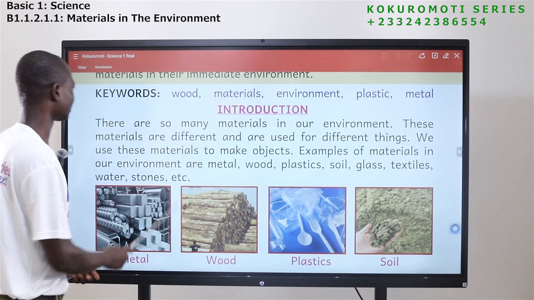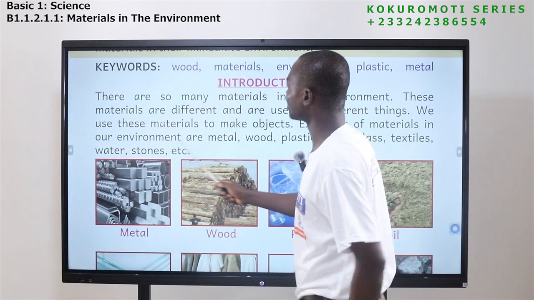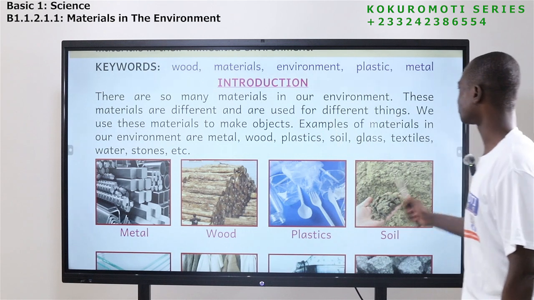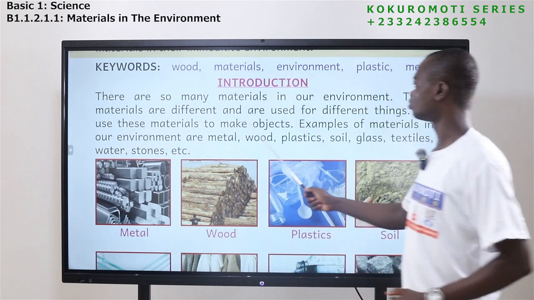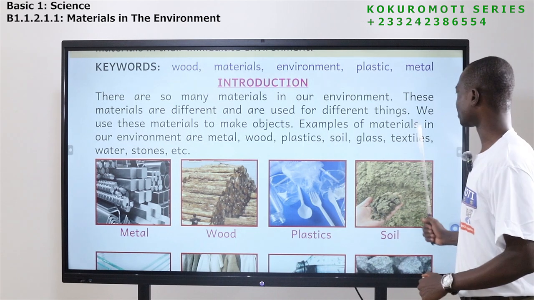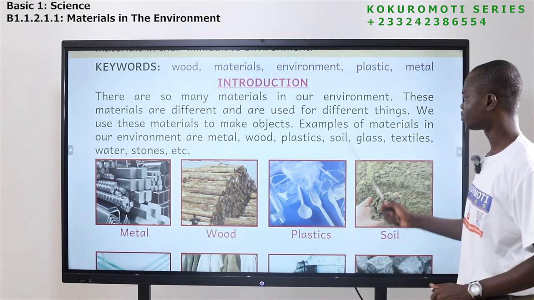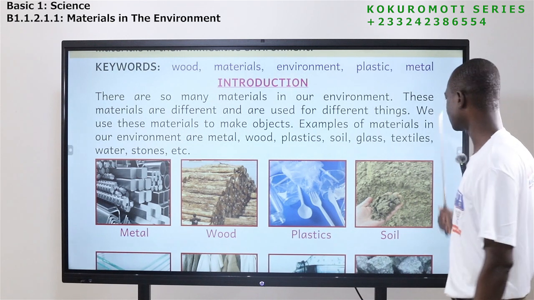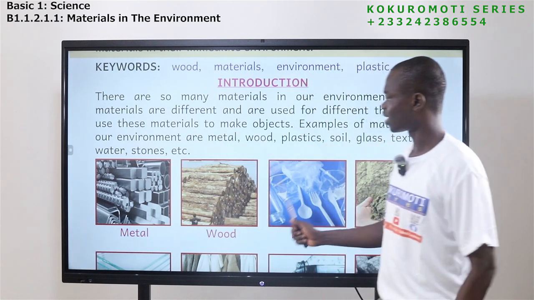So now let's look at it. There are many materials in our environment. These materials are different and are used for different things. We use these materials to make objects. Examples of materials in our environment are metals, wood, plastics, soil, grass, textiles, water, stones, and the rest.